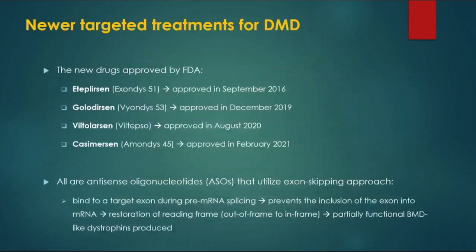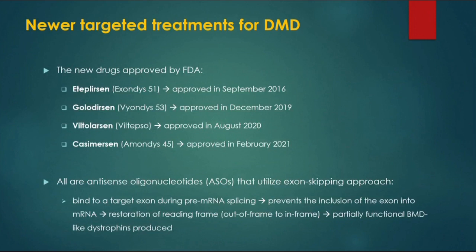So now let's discuss newer targeted treatments for Duchenne muscular dystrophy. There are 4 of these new drugs which have been approved by the FDA, and they include eteplirsen, golodirsen, viltolarsen, and casimersen. Eteplirsen was the first one to be approved, and these are all antisense oligonucleotides that utilize an exon skipping approach.